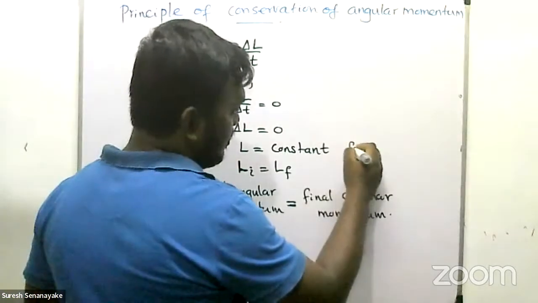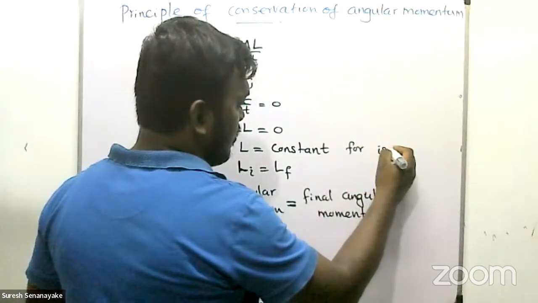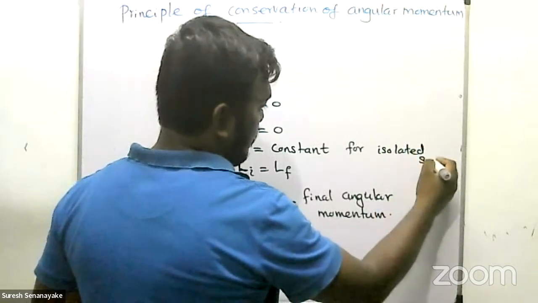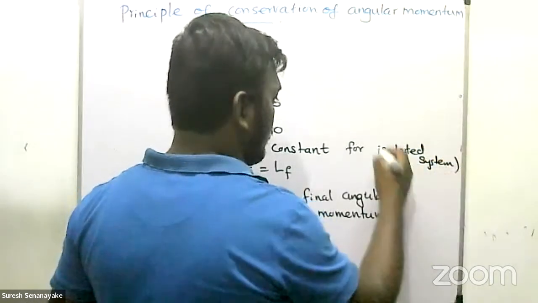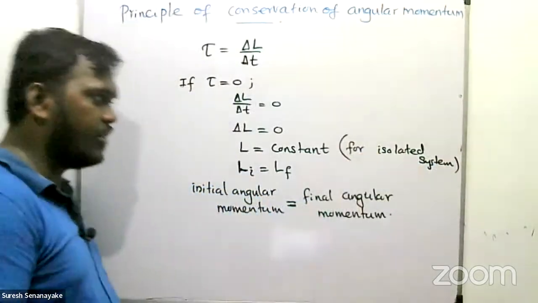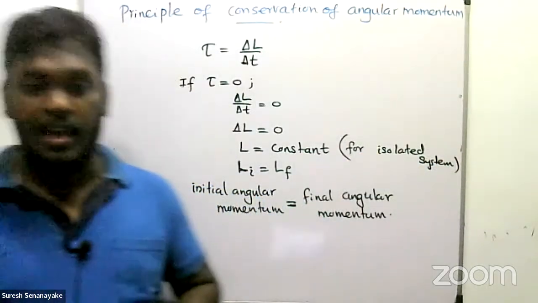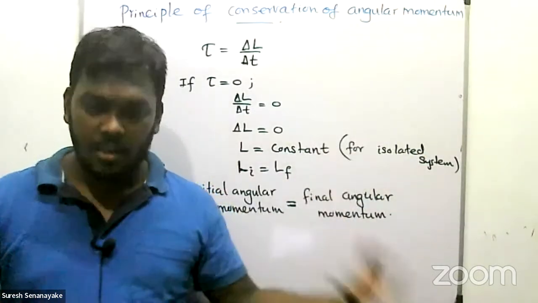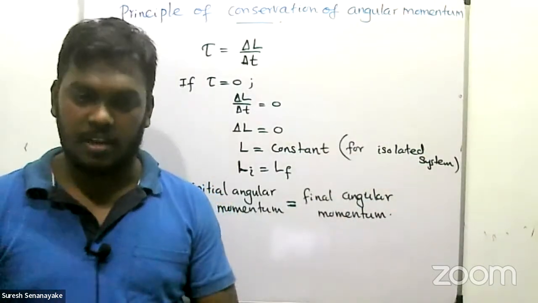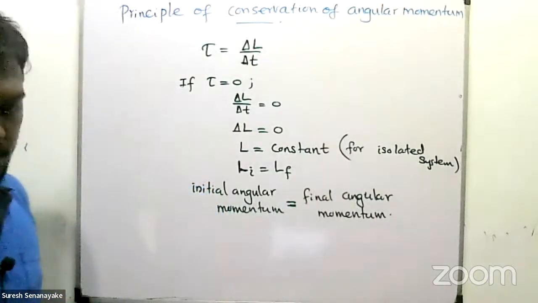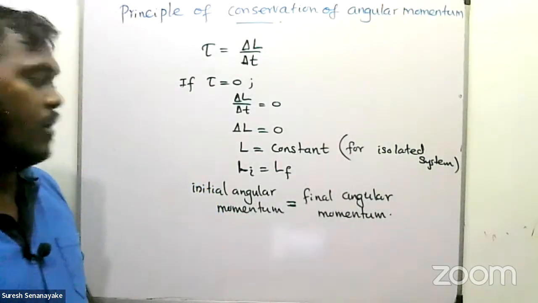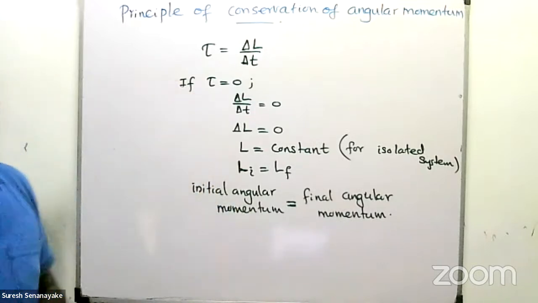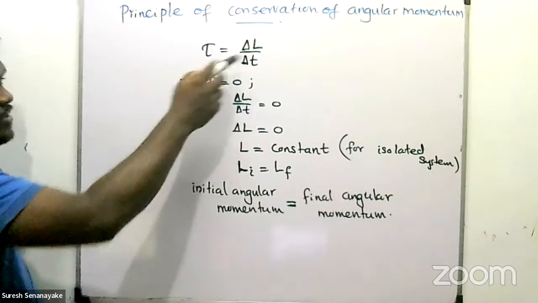It's for an isolated system. All the conservation laws are true for isolated systems. An isolated system means there are no external effects or influence from any other system. Then you can write tau equals delta L over delta t.